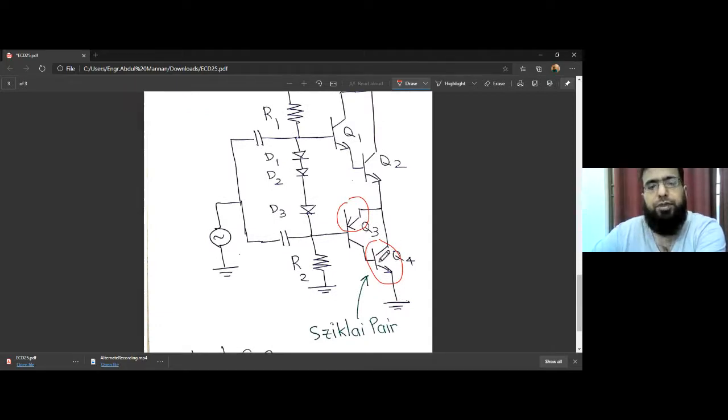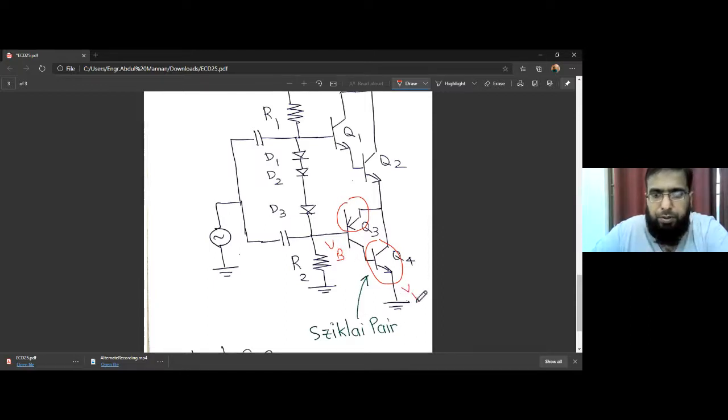So what's the advantage of using one PNP and one NPN transistor? To turn this transistor pair on, we have to keep this VB only 0.7 volt higher than this VE.